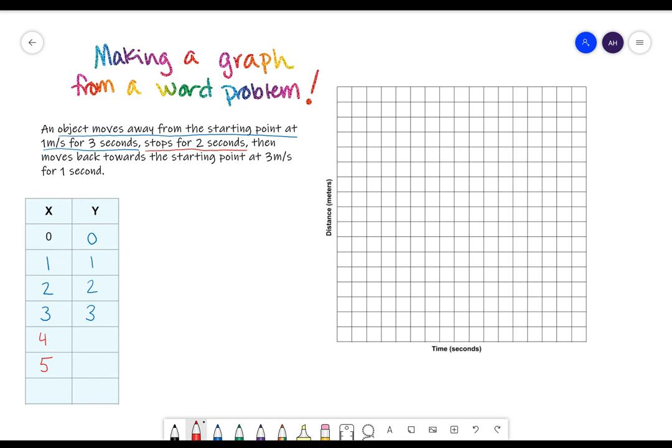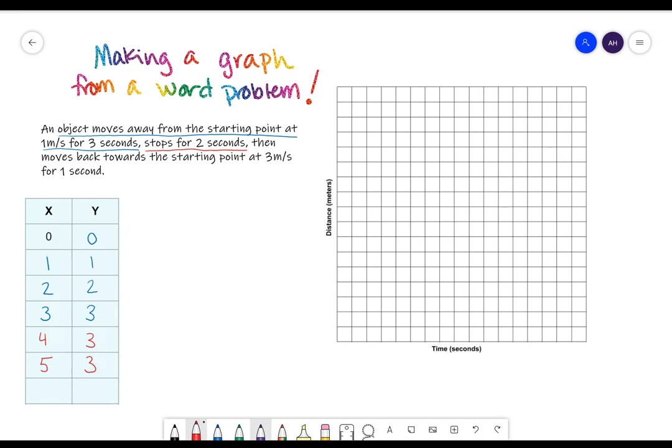Now it says it stops for 2 seconds. So it's not moving, it's sitting still, so the distance is not increasing or decreasing. We're staying at the same distance from the starting point. Okay? So I'm not going to add or subtract from my distance right now. So it's going to stay 3 meters away from the starting point for 2 seconds, just like it says up here. It stopped for 2 seconds.